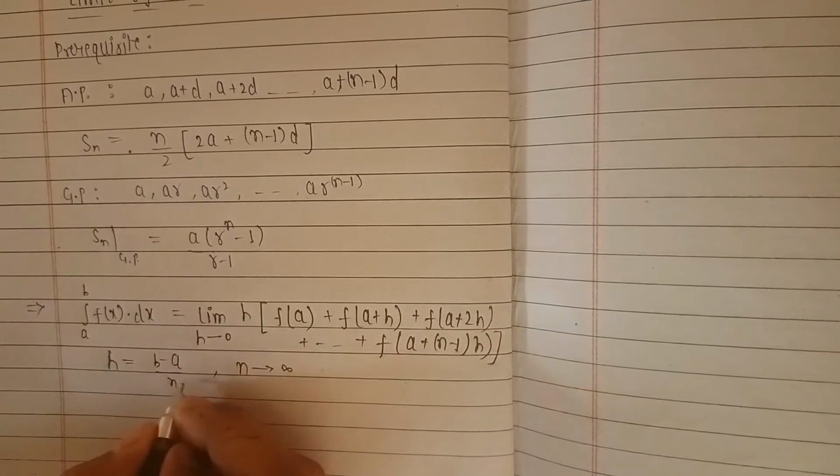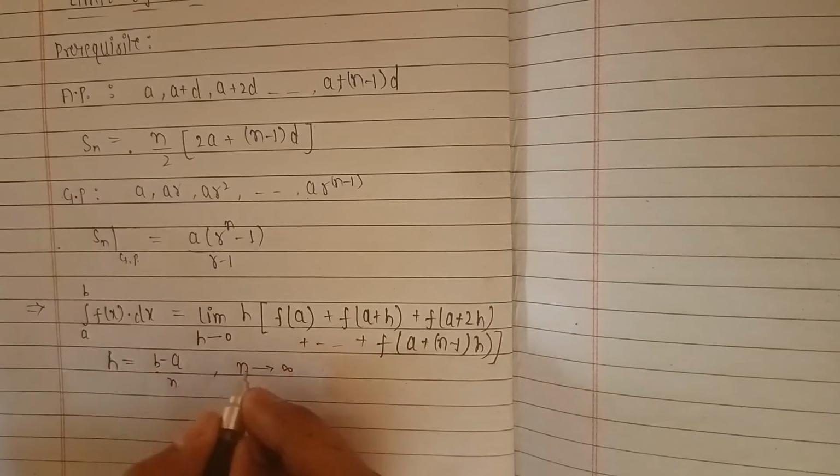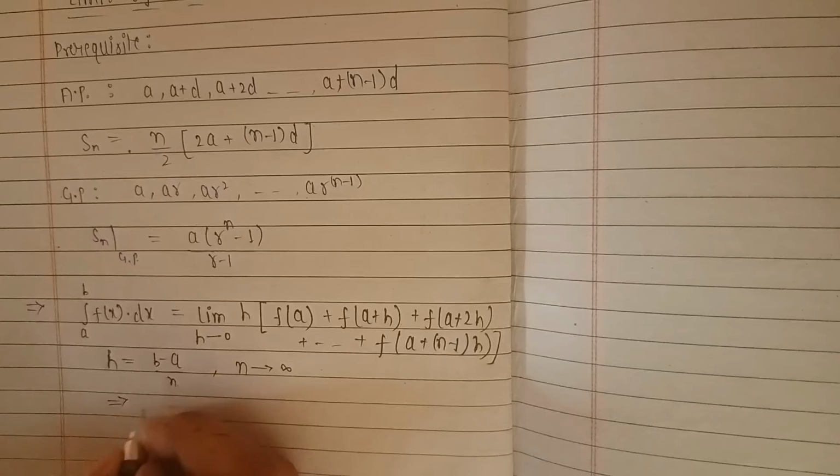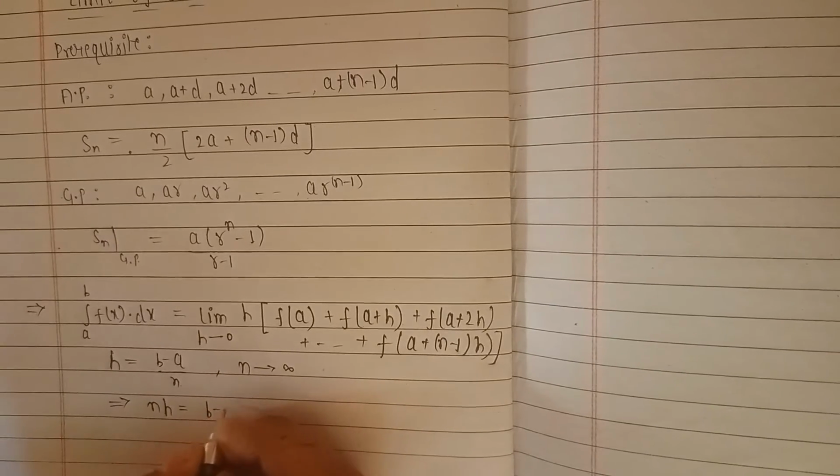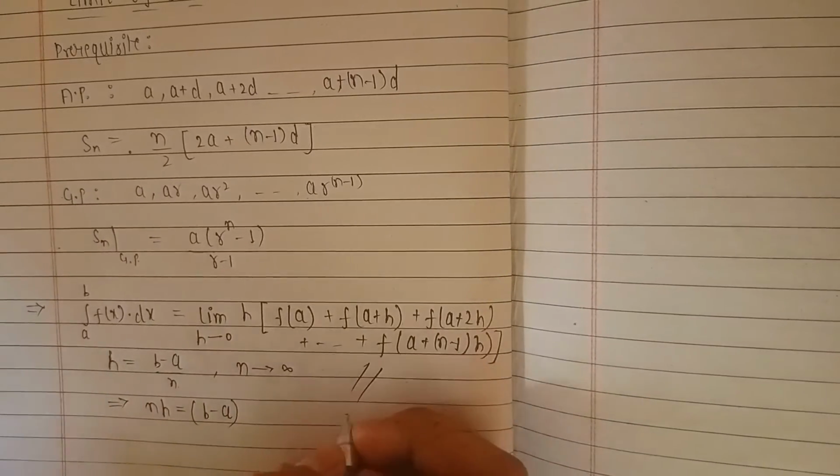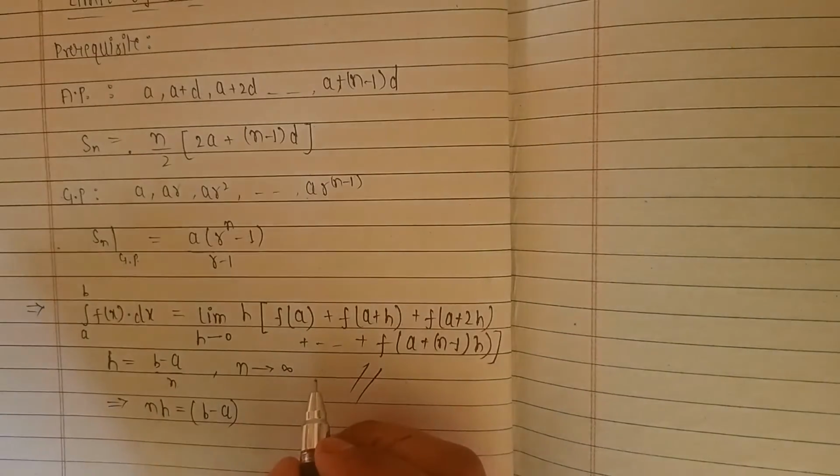Since n tends towards infinity, h tends towards 0. We can also say that nh equals b minus a. So this is the formula for the limit of sum.